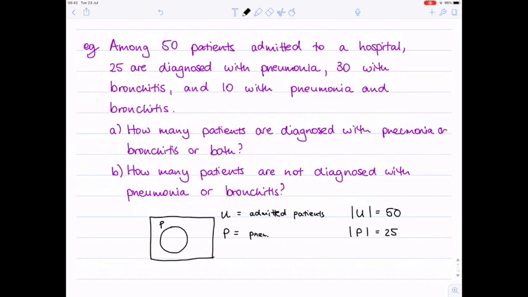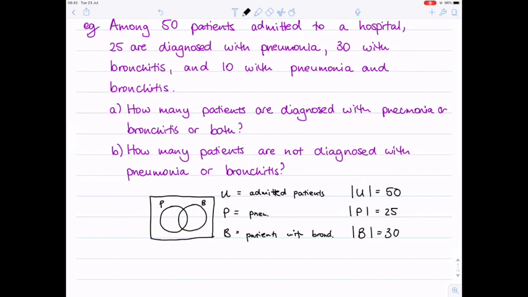And then I also know that we had some patients who were admitted with bronchitis, so I'm going to call that set B, and this is patients with bronchitis, and we have the information that there were 30 of those.